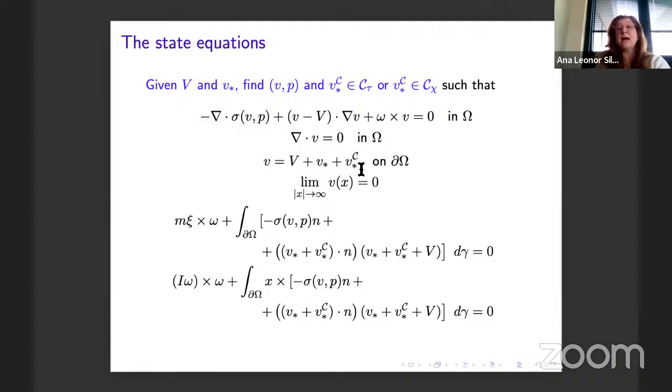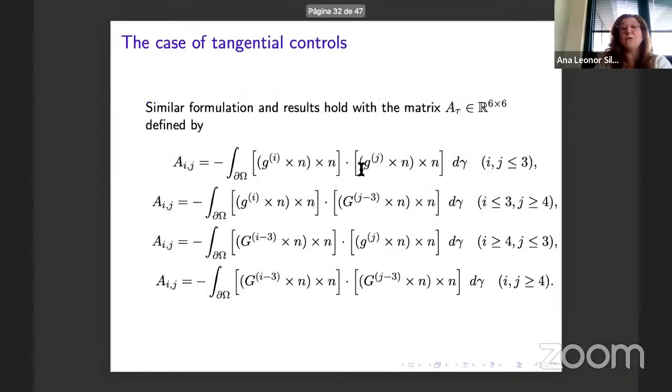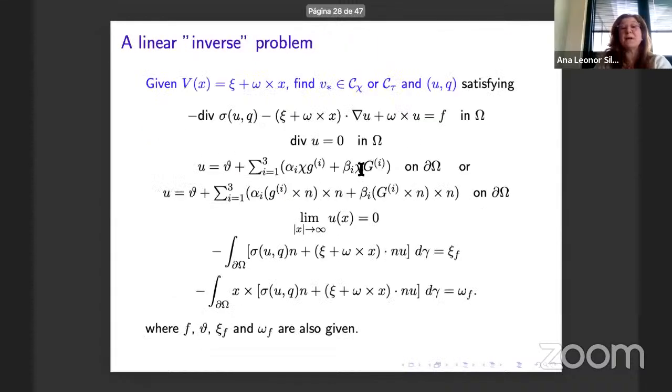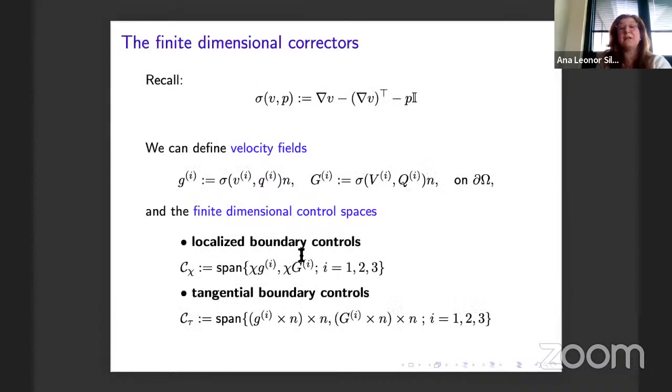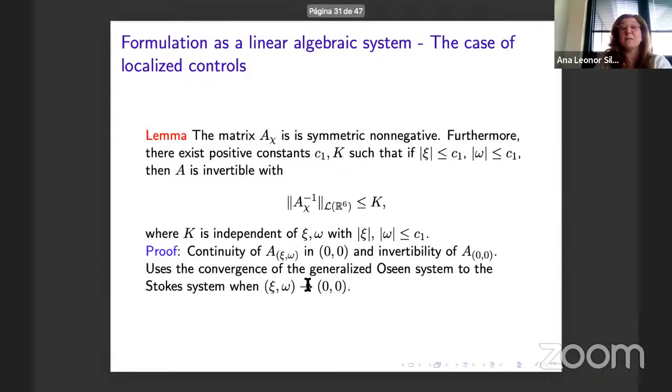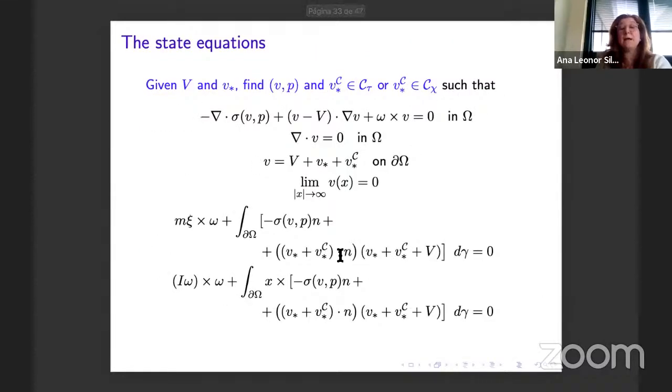And these unknowns are going to be in these finite dimensional control spaces that we have introduced here. So that's why we needed these auxiliary results in these finite dimensional control spaces, because we have to account for these 6 equations here.